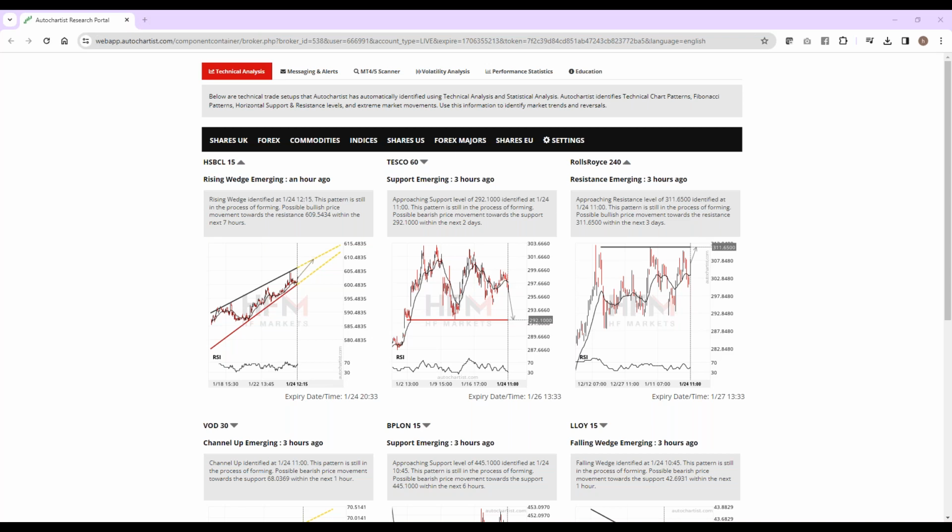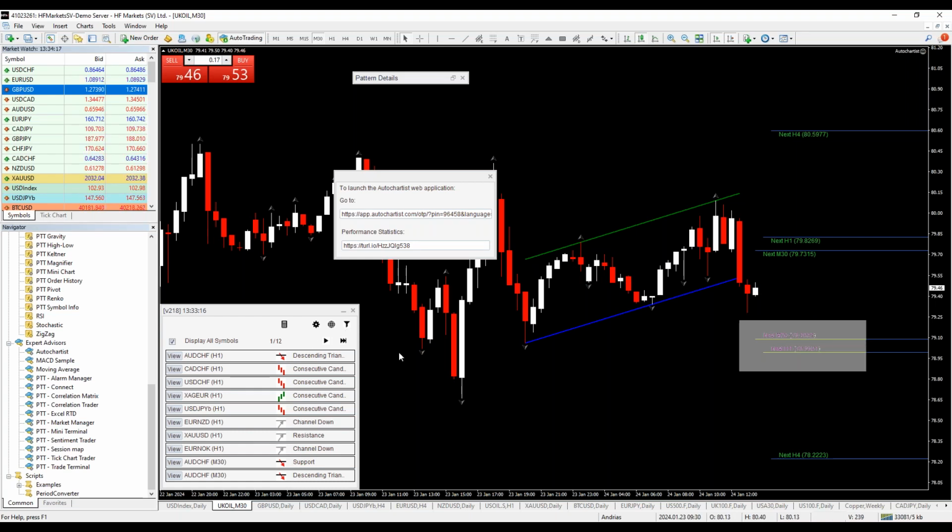Okay, so what we have here is the web interface, which is a more advanced interface than what we are seeing in our MT4 and MT5.